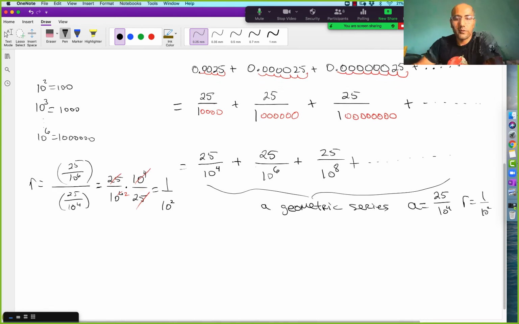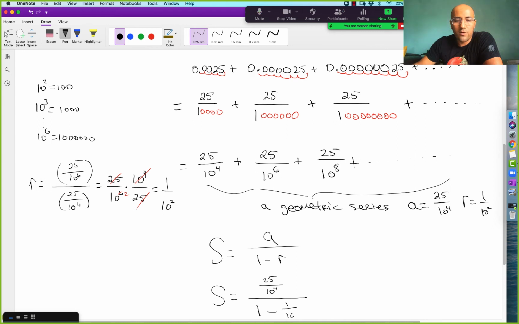So that means that this infinite sum is equal to s, which is given by the formula a over 1 minus r. So s is equal to a, which is 25 over 10 to the power of 4, divided by 1 minus r, which is 1 over 10 squared. Right, so all we have to do is simplify that.